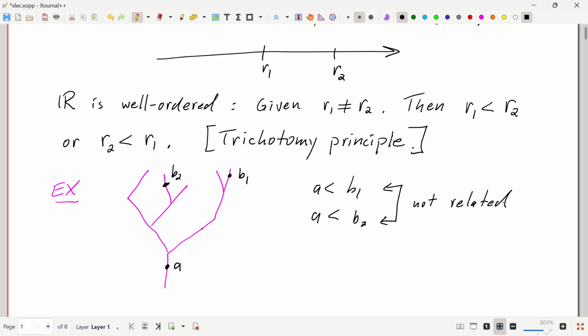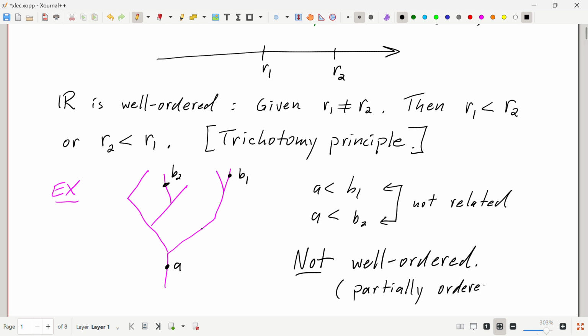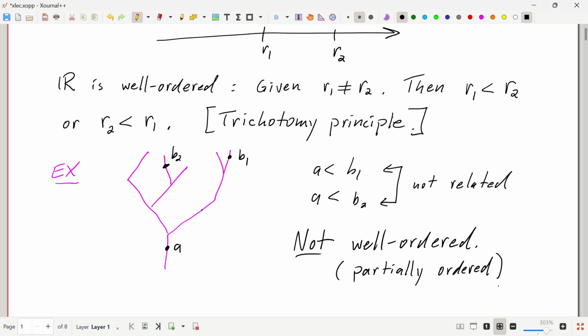If you set up a partial order, meaning climb up the tree to just decide what A less than B means. Okay, so that's not well ordered. It's partially ordered.